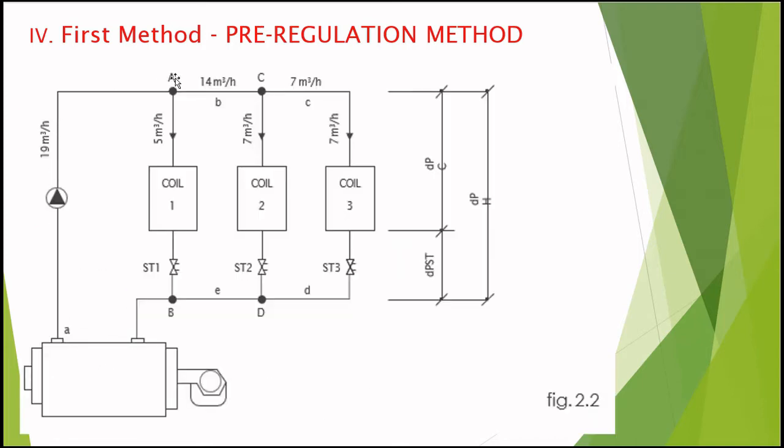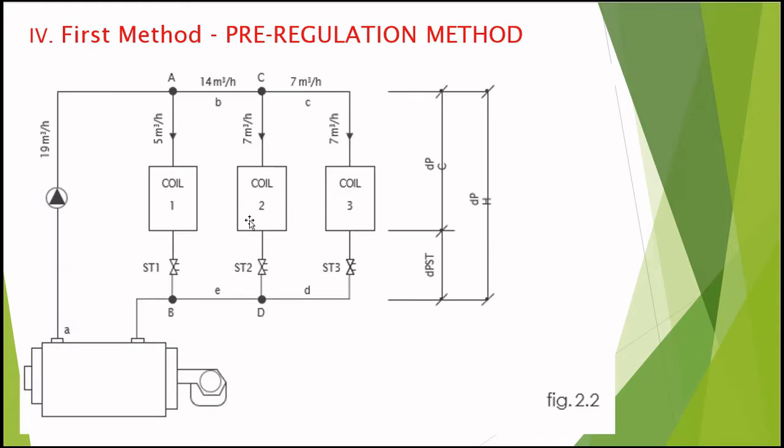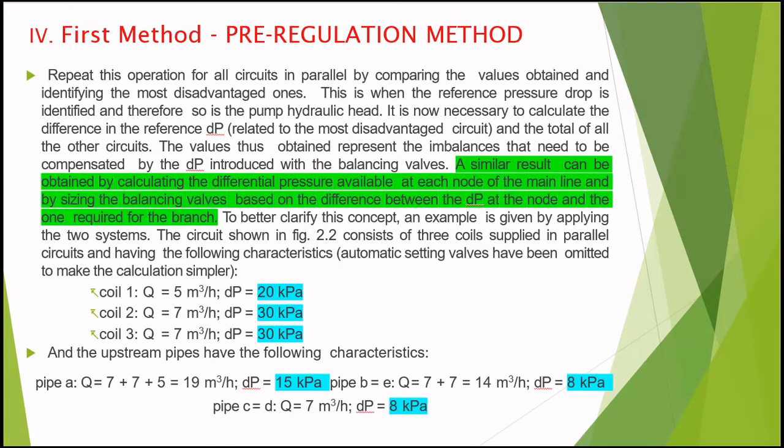So in the pipe A, let's calculate also here. Consider this pipe A from here to this node. Pipe A has total flow of 3 coils, which is 5 plus 7 plus 7, which is 19 cubic meter per hour. This pipe A has differential pressure 15 kPa considered.